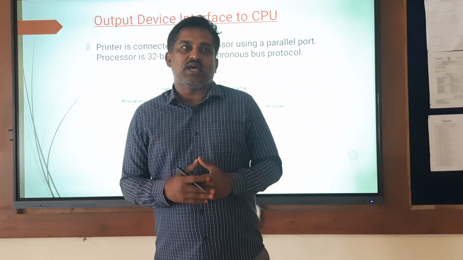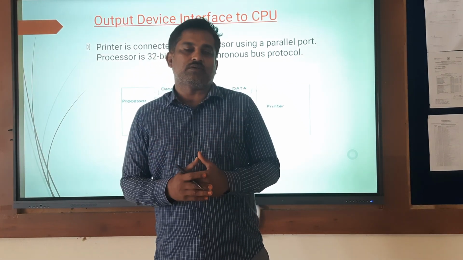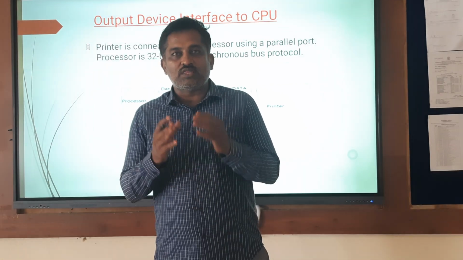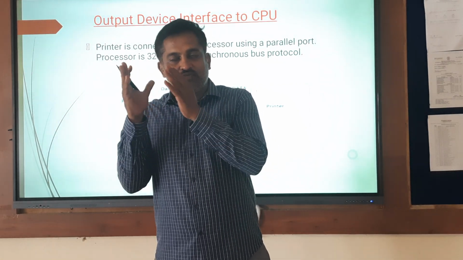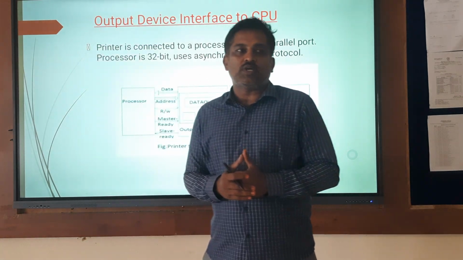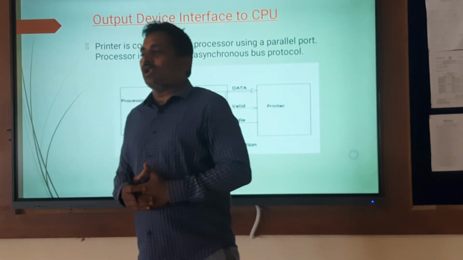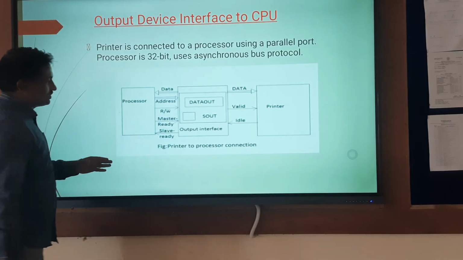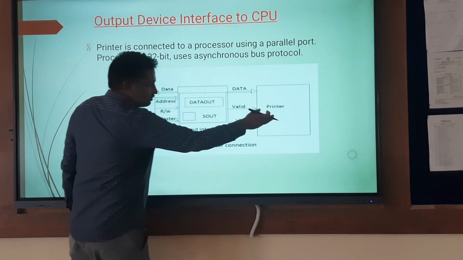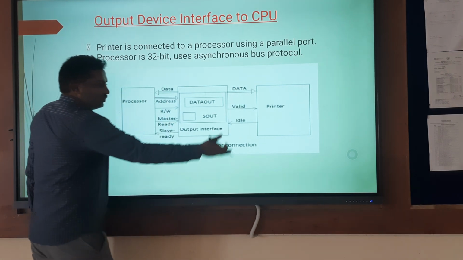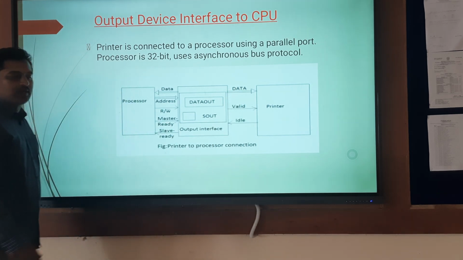In this case, I am going to interface the printer, which is nothing but an output device, with the computer by using parallel board. Now see this one, this is my processor and this is my output device, which is nothing but the printer.